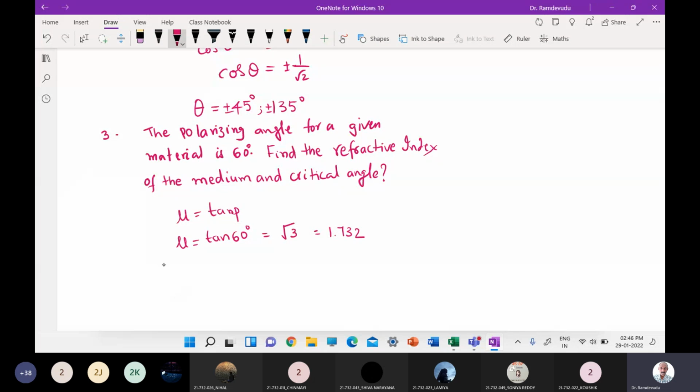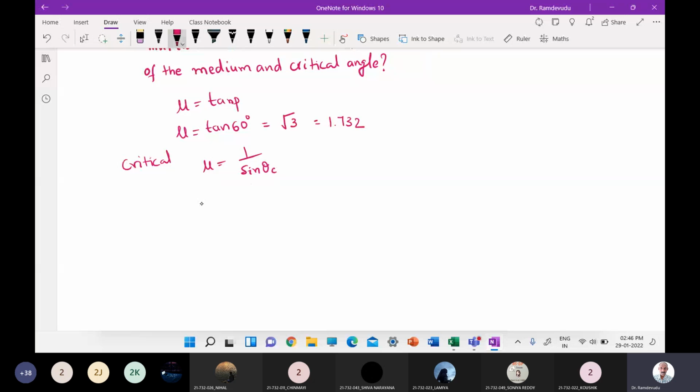Now they're asking to find out the critical angle also. So to find the critical angle, we have mu is equal to 1 by sine theta c, where theta c is the critical angle. Therefore, I can find out sine theta c as 1 by root 3, because mu is root 3. Or theta c is equal to sine inverse of 1 by root 3.